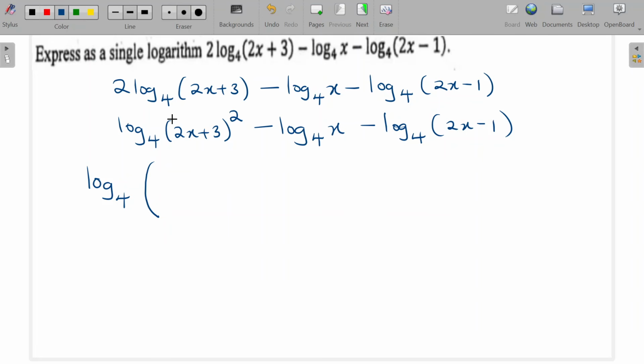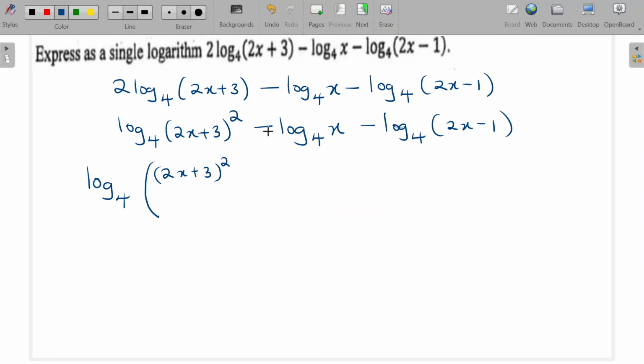Now you start combining these. The (2x + 3) to the power 2 you write on top because it is positive.